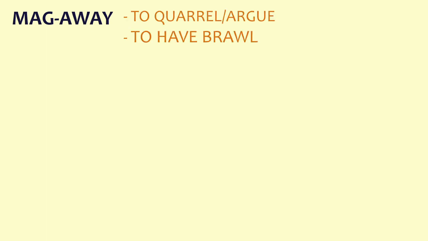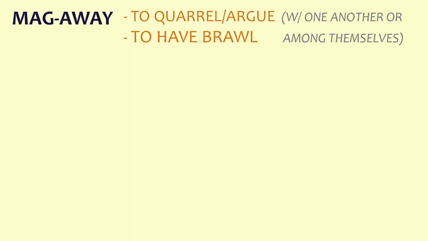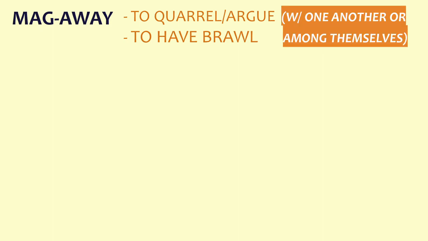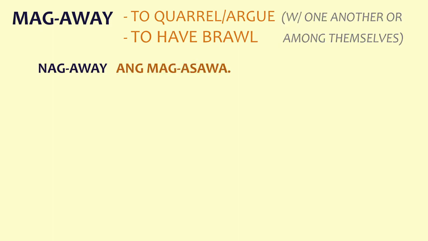Now let us proceed with mag-away. This means to have an argument or quarrel or confrontation with one another. Again, just like maglaban, it has to be with one another or against themselves. Halimbawa, nag-away ang mag-asawa. The married couple fought with one another.